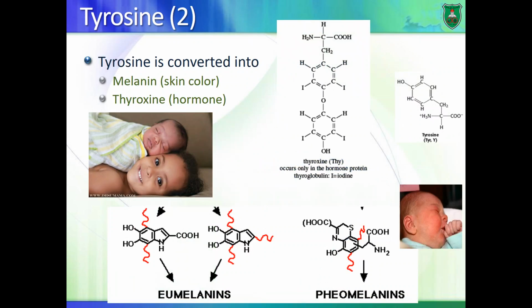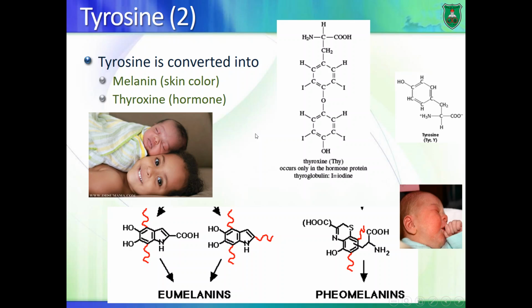Okay, so tyrosine is also a precursor for 2 other important molecules. One of them is melanin. Melanin is responsible for skin color. And there are 2 types of melanin. You have the eumelanin that gives the dark skin color, and you have the phenylalanine that gives the red color, red hair and red skin.